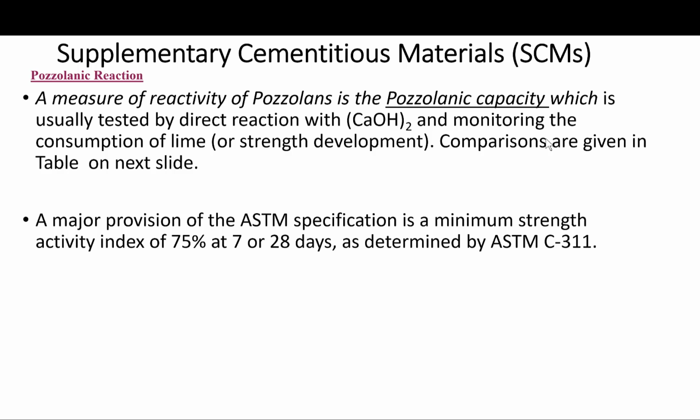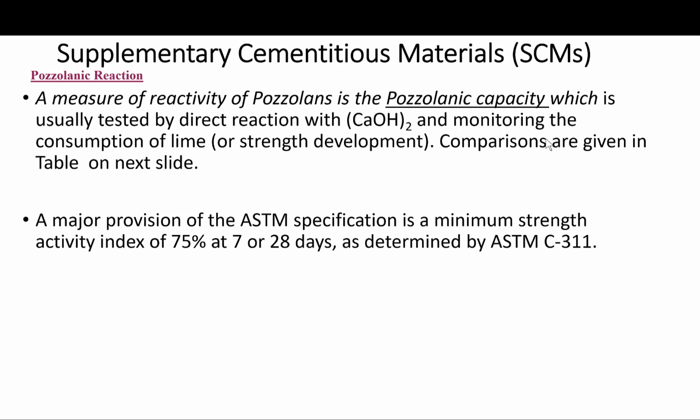Okay, which basically shows that the Class C fly ash has a lower capacity than Class F because of its high lime content, the Class C that is.